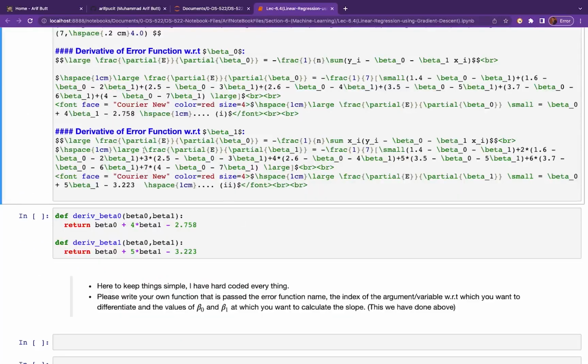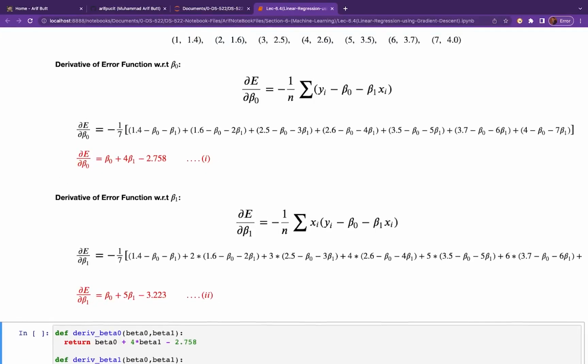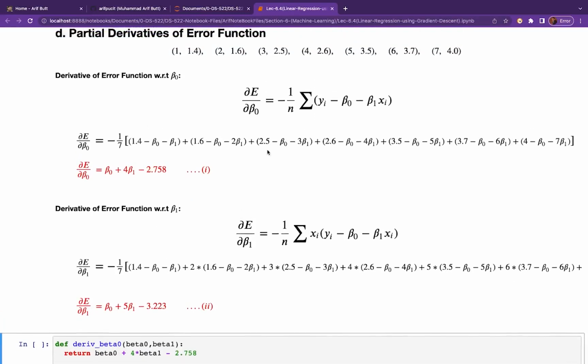Beta 1 over here. Okay, sorry. So if we substitute these values in this expression, we arrive at this equation 2. So we have two equations. One is showing the derivative of the function with respect to beta naught, and the other is showing the derivative of the error function with respect to beta 1.